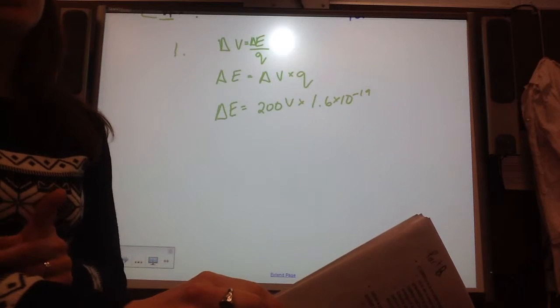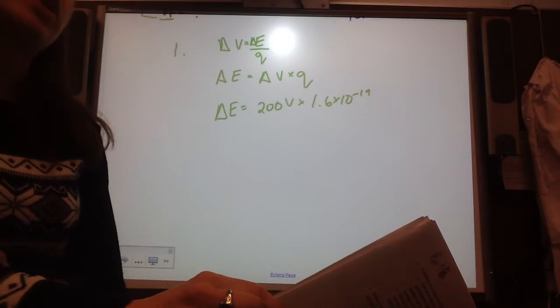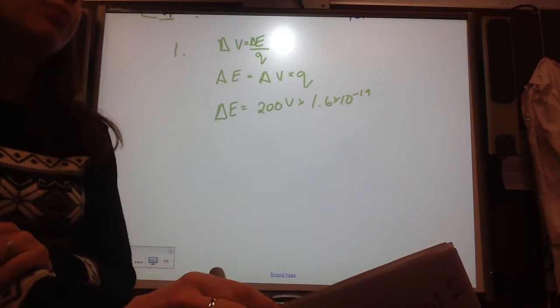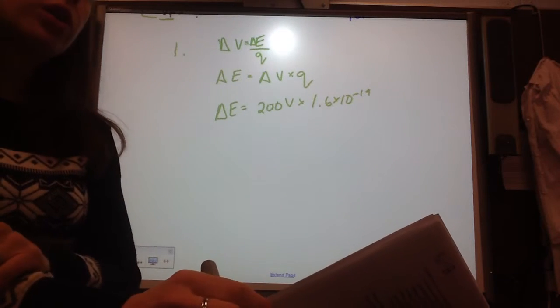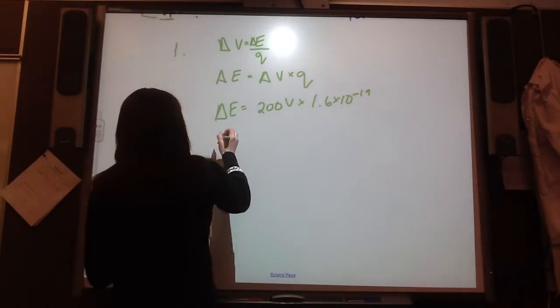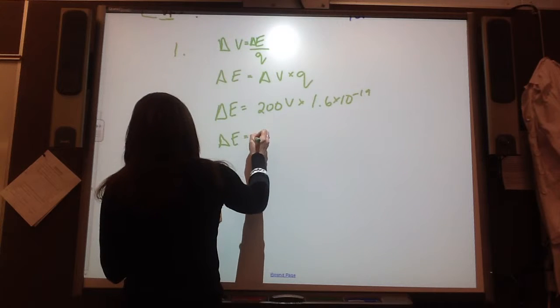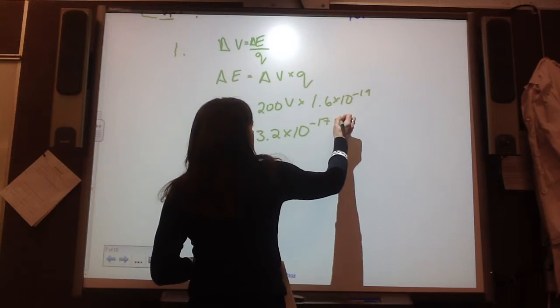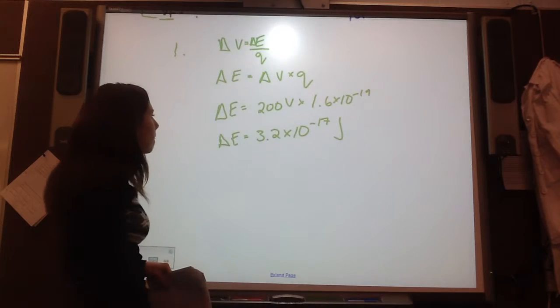An elementary charge in our data booklet is 1.6 times 10 to the negative 19. It doesn't mean that it's one electron charge. So our delta E is 3.2 times 10 to the power of negative 17 joules.